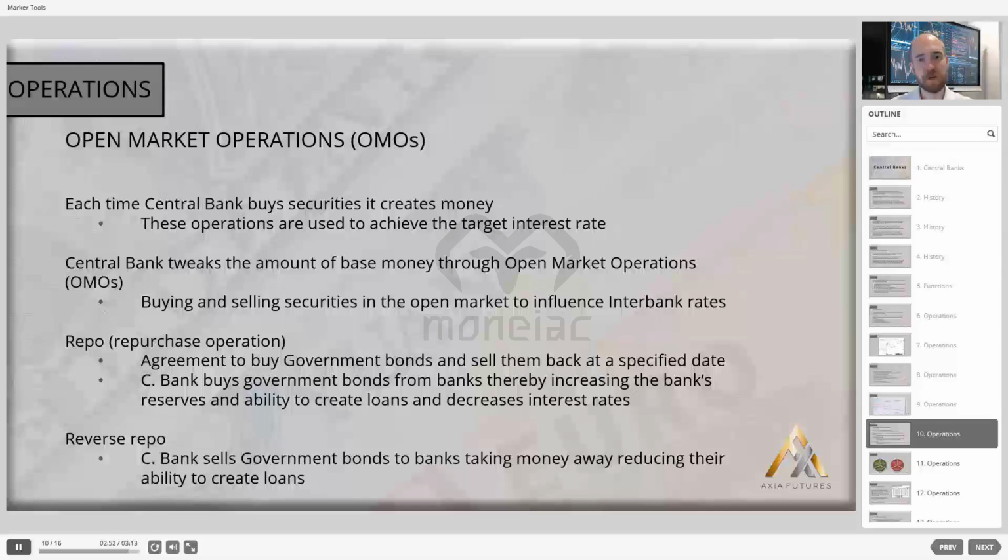What it will do is sell these to commercial banks and take money out of the system. This money again effectively is destroyed or disappears, and therefore you've reduced the amount of liquidity in the system, and that serves then to increase rates of interest because of that limited supply of money. Cost of money therefore starts to rise.